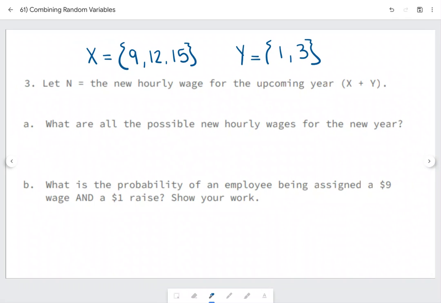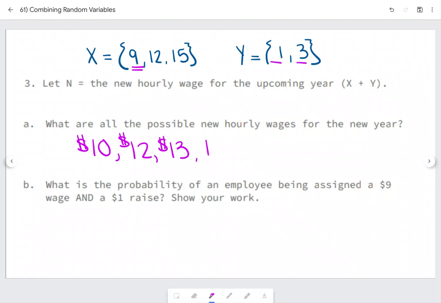So when I talk about all the possible new hourly wages, I can combine all these. I'm talking about bringing 9 and 1 together. So 9 plus 1 would be $10, right? I could have 9 and 3, which would get me $12. And we continue this, like we could get $13 as a possibility.